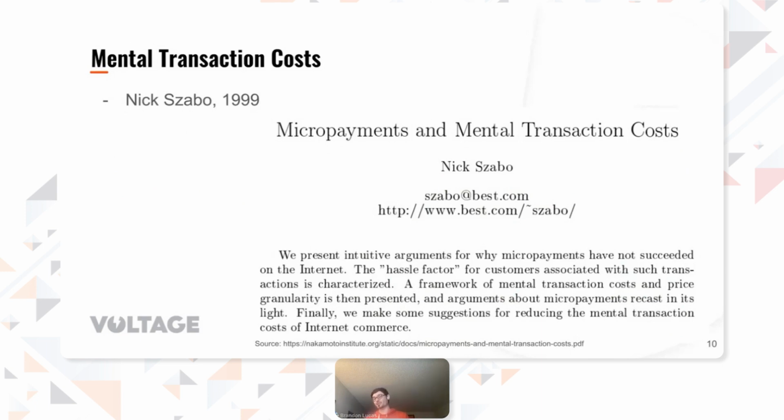A lot of people actually think he's Satoshi because he came up with the concept of BitGold 3 years before Bitcoin actually came out. But he wrote a very insightful and interesting article called Micropayments and Mental Transaction Costs, where he argued that while most people are focusing on the technological aspect of micropayments and how that's a problem, that's not the real barrier.